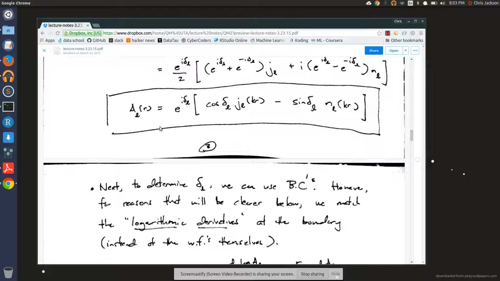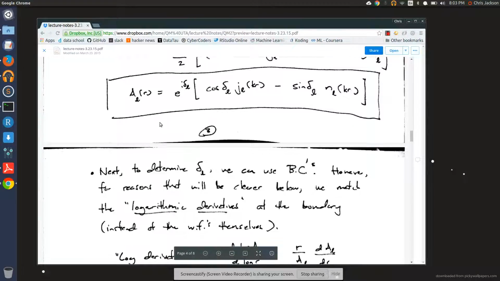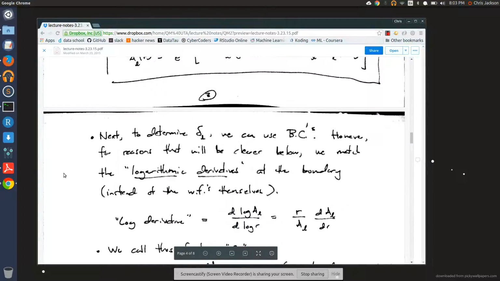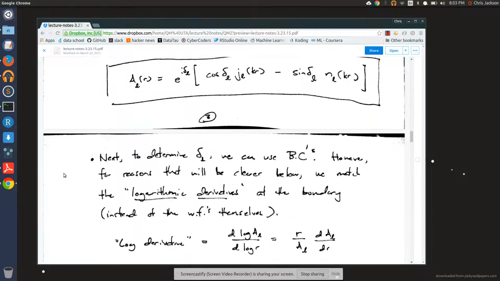Okay, so what we're going to have is Schrodinger's equation with just an explicit dependence on V of r, where V of r is generic. Hopefully it'll become more clear as I go along. Typically what you would do is match the wave functions at the boundary.